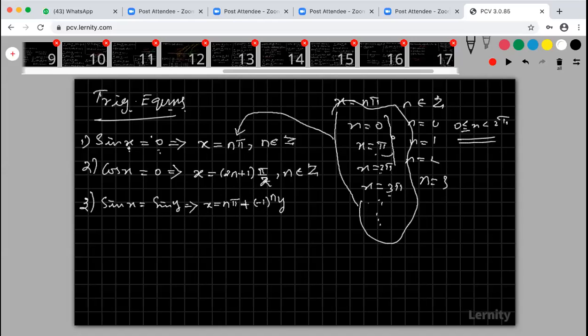Please concentrate on this result: x is equal to n pi plus (minus 1) to the power n times y. For sin x equal to sin y, if x and y are in this relation, then only this equation is satisfied. So this is the third one.